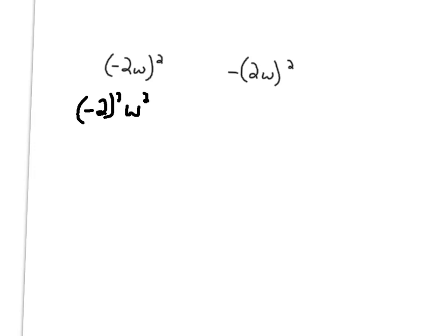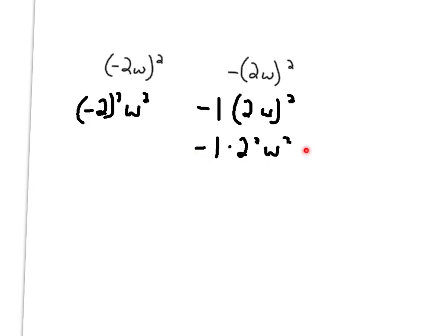Well, this one over here, this is different. This is negative 1 times 2w squared. So in this case, the only things that the exponent applies to are this stuff in the parentheses. This is 2 squared w squared. So this one is negative 1 times 2 squared w squared.